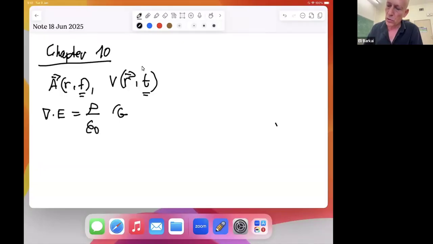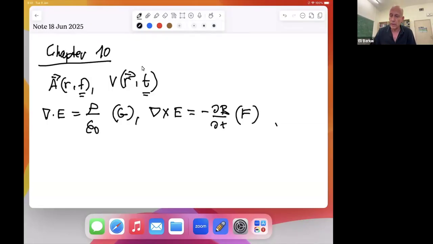This one I call G. G is for Gauss, which is actually Coulomb's law. We discussed it a lot, so I'm not going to elaborate. The second one I call F for Faraday. The rotor of E is minus the time derivative of B: the change of the magnetic flux gives you the electric field.